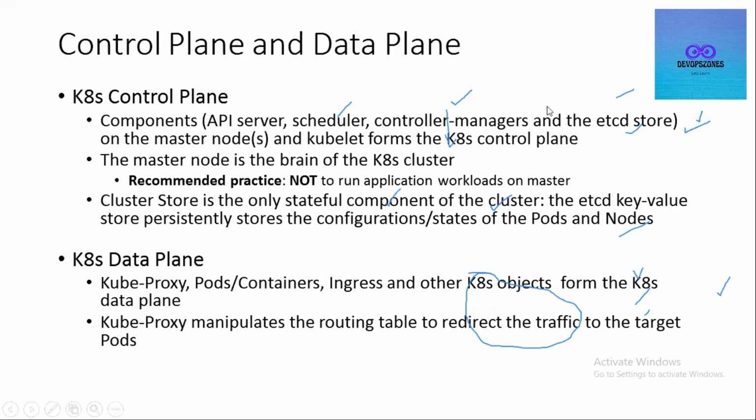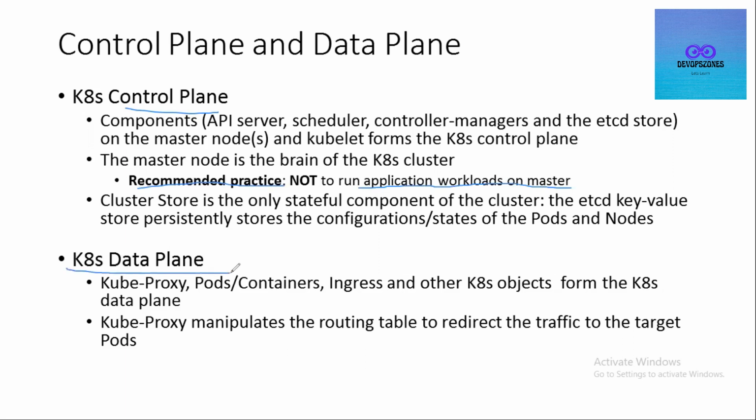So essentially, what you have seen over here are the things that we just discussed about the control plane, what it contains, right. The recommended practice is not to run application workloads on master nodes, right.